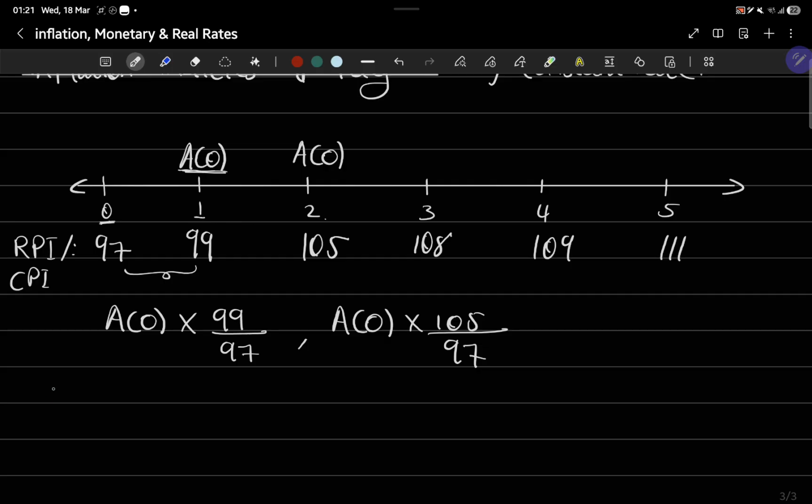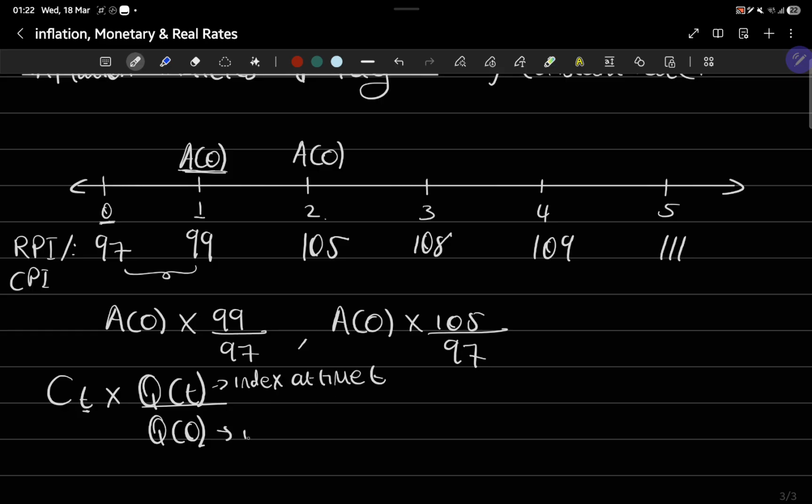It turns out if you want to describe a monetary cash flow at a particular time, you just multiply it by the inflation index at that time over the inflation index at time 0, where Q is the index, Qt is the index at time t, and Q0 is the index at time 0.